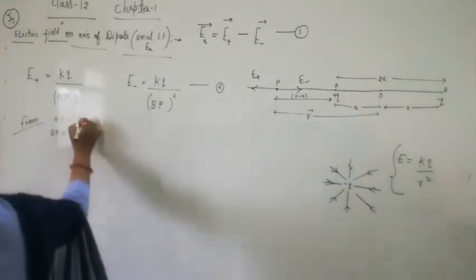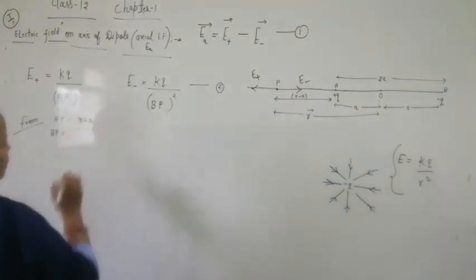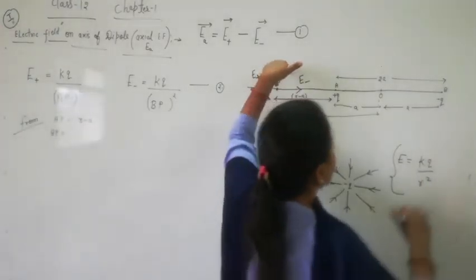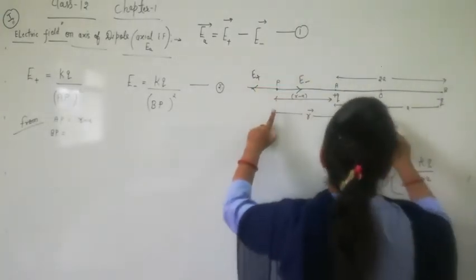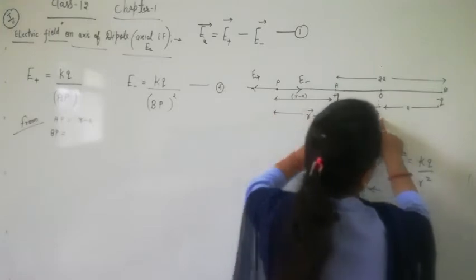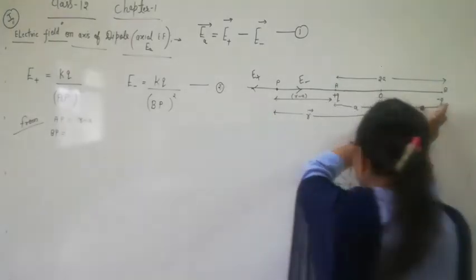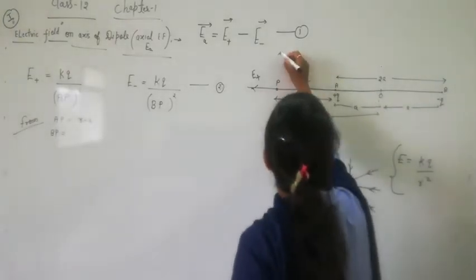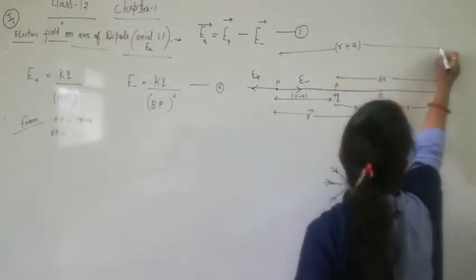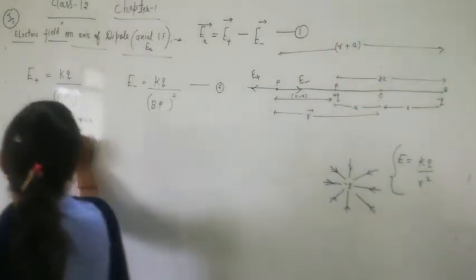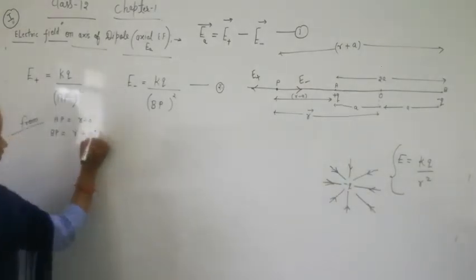So AP is r minus a. And what about BP? Actually PO is small r and the small section is small a. Then we add both of these segments like this. So BP is r plus a.